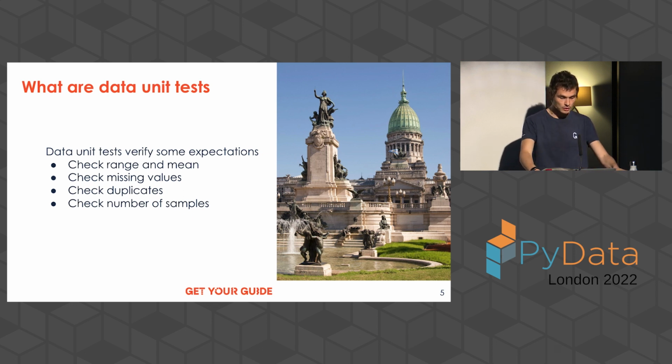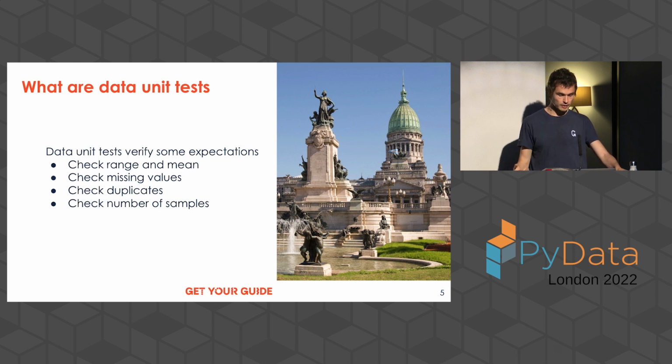Things that you would like to test in data unit tests include checking that the mean, the max, or the average of a column value is okay. If you are computing some kind of conversion rate or click-through rate, it should probably be between 0 and 1. If it's negative or more than 1, you probably have something wrong in your data set.